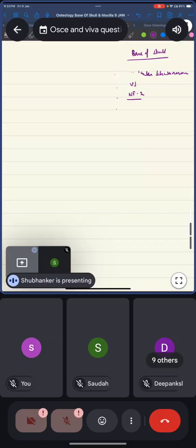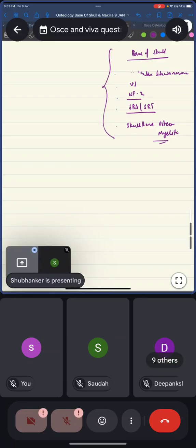Then we'll be seeing the SRS and SRT part, that is your stereotactic radiosurgery and radiotherapy part. What questions can come from this? And fourth will be skull base osteomyelitis. That also we will revise in this form only, question form.